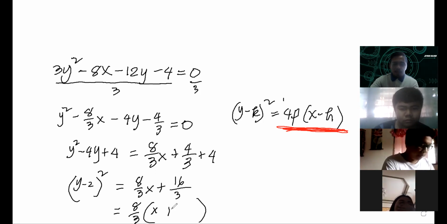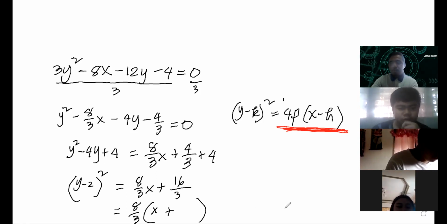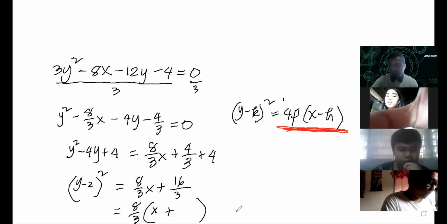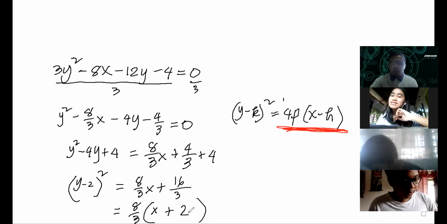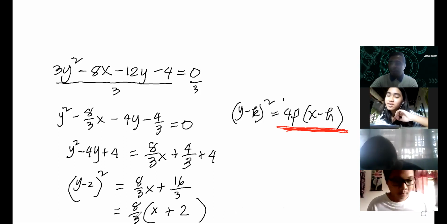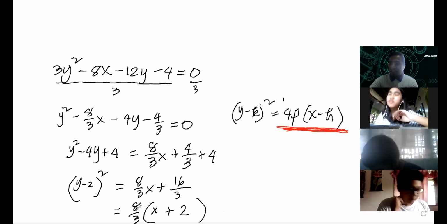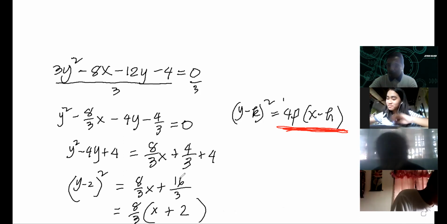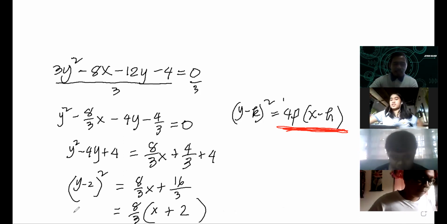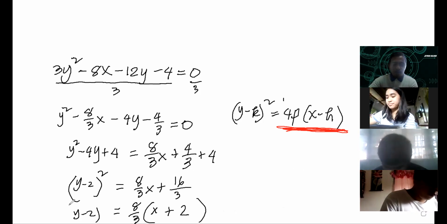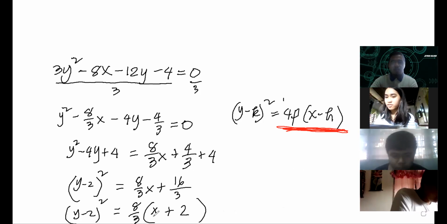Unsa na yung mabilin diri? 2. Very good. It should only be 2. Wala na yung over 3 because the over 3 is already here. If you multiply that back, it will be equal to 16/3. Clear? So it is now y minus 2 quantity squared equal to this.